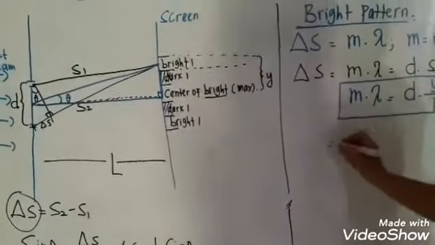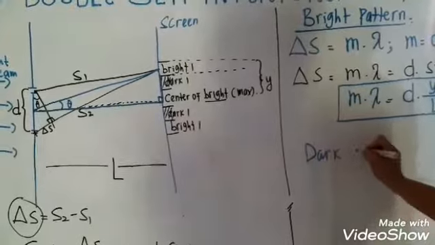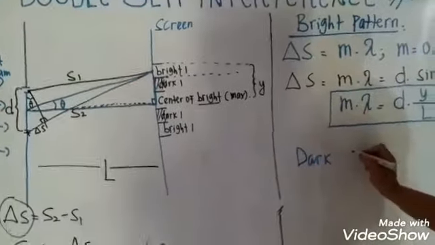Okay, what about the dark pattern or destructive interference?